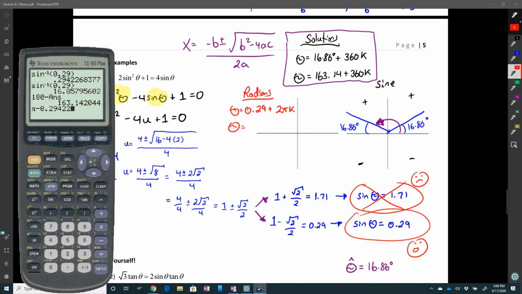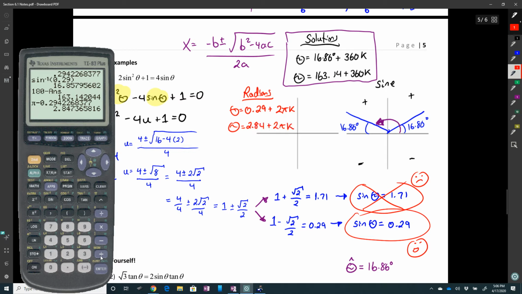And so it'd be 2.84 plus 2 pi k. All right.